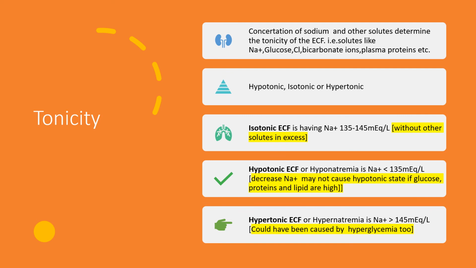Okay? In hypotonic extracellular fluid, as far as sodium is concerned, it means the value of sodium will be less than 135 milliequivalent per liter. You can check my channel for all the publications or presentations on hyponatremia. Then you get all those facts about that.